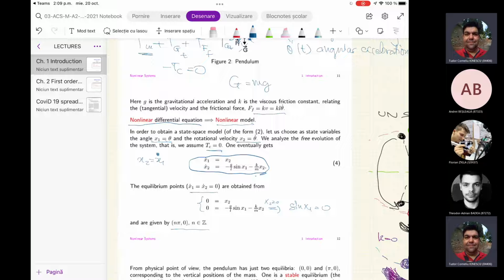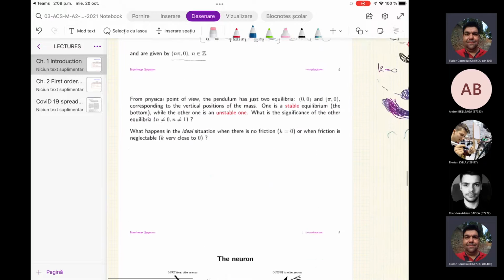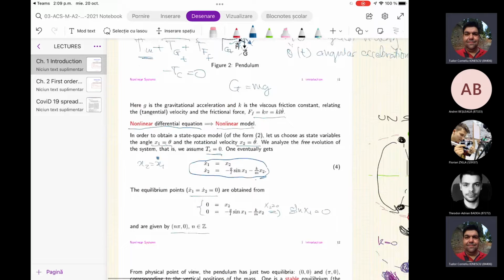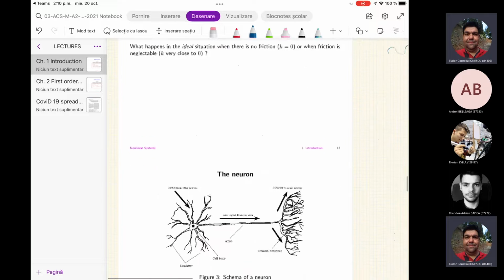So this is the most general in some sense, and we can see the notion of pendulum in many ways. So please do study this pendulum because it's the benchmark example of nonlinear systems, if you like, the mother of all examples for nonlinear systems.